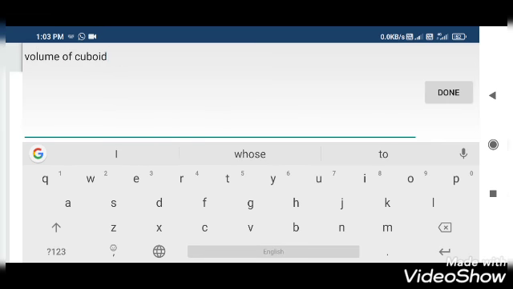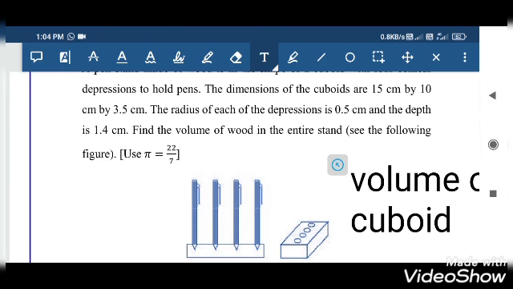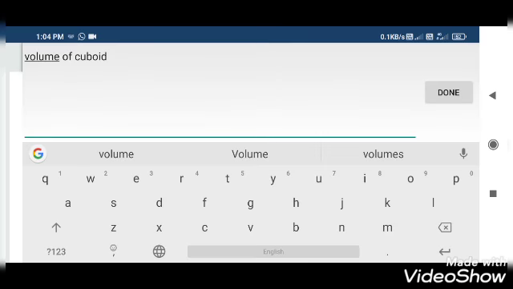Volume of cuboid, this is one concept. And another thing, we need to concentrate on the conical part. Why? Because we need only the wood portion.